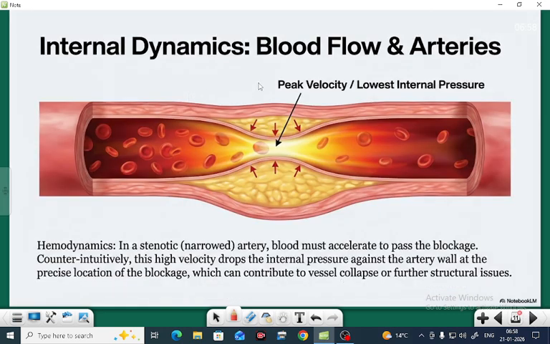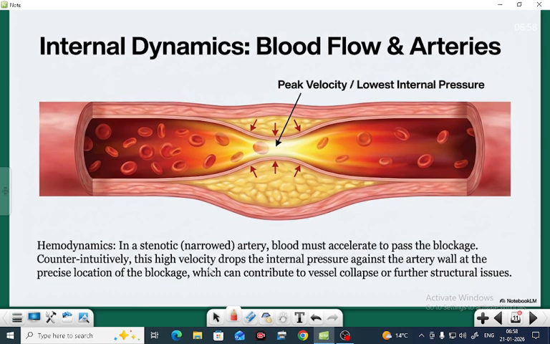Internal dynamics, blood flow and arteries. This is also very important. Peak velocity, lowest internal pressure. Here you see peak velocity, lowest internal pressure. Hemodynamics. In a stenotic narrowed artery, blood must accelerate to pass the blockage.